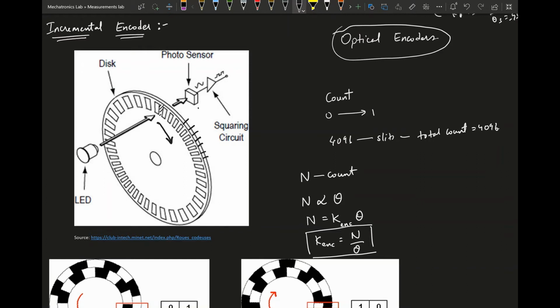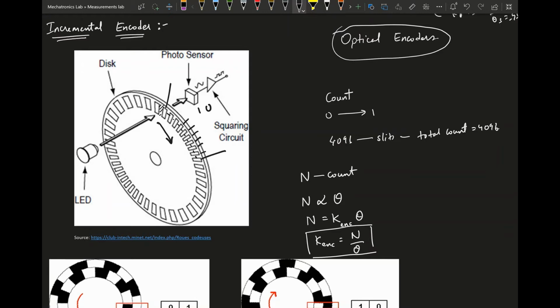So you'll get a value of 1 or 0. So using this value, you can know how much the disk has moved. So if, for example, the disk moves from here to here, you will have a count value of 1, 2, 3, 4, 5, 6, 7, 8, 9, right?